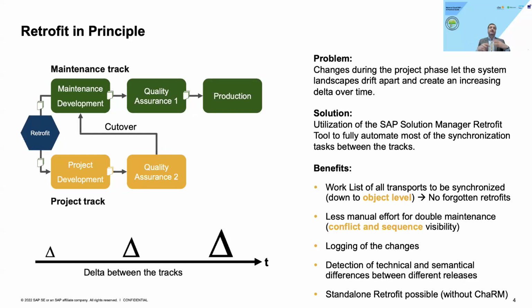The manual retrofit is for higher complexity, where the alignment between the two systems must be done manually. So for example, in an area where you have a simplification item to be evaluated and configured in the target system, and this cannot be done automatically.